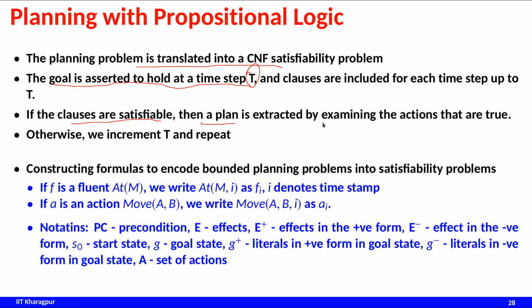And if it's not satisfiable, then we increment t and repeat the same steps. So something similar to the graph plan. The only difference is that we have to generate the CNF for each of the clauses. How to generate that, we will see.